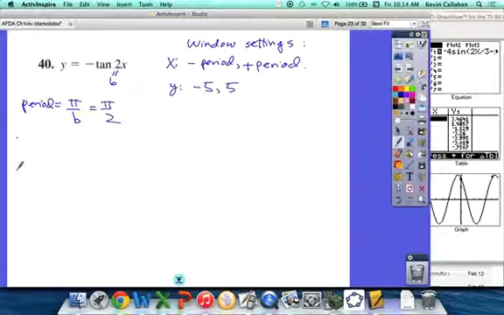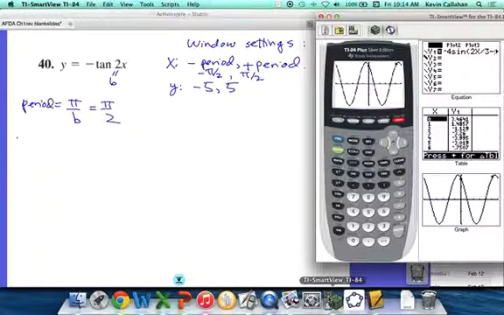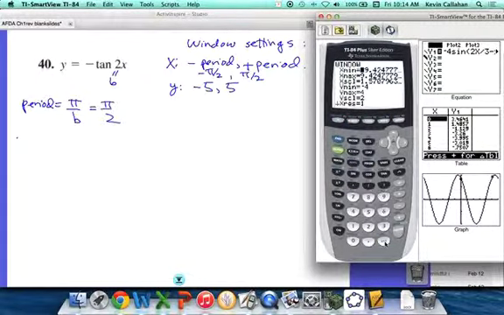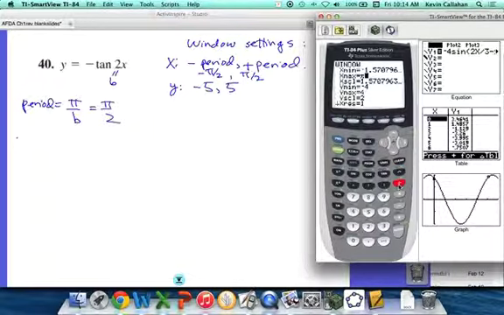So you're going to set this thing from negative pi over 2 to positive pi over 2. Window, negative pi divided by 2 to positive pi divided by 2.